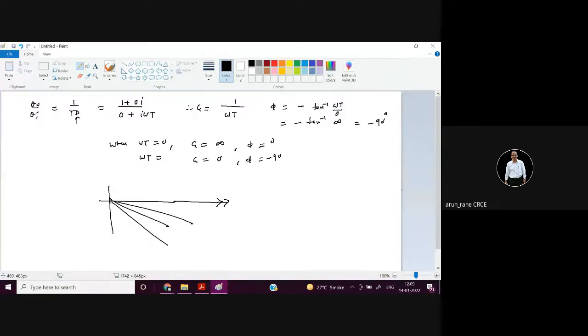So it is coming from infinity, the values of G will reduce, and it will go to 0. So this will be my final graph. Is this clear?